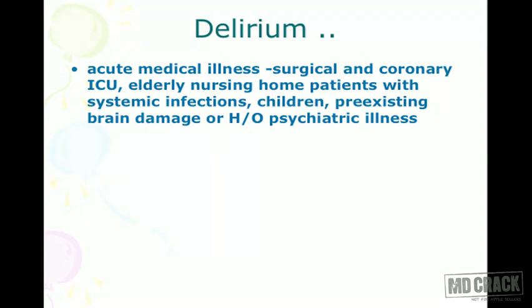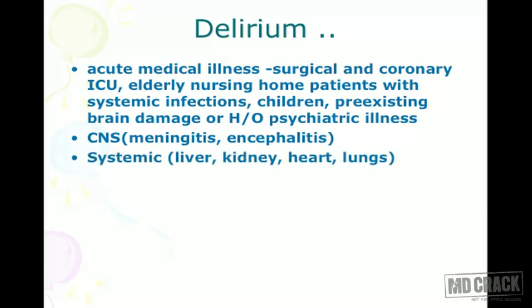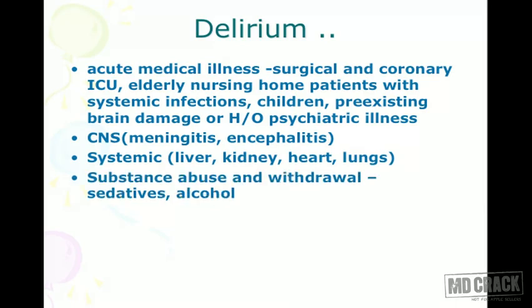In delirium, most probably an acute medical illness is the cause. Surgical and coronary intensive care unit patients, elderly nursing home patients with systemic infections, children, and those with pre-existing brain damage or a history of psychiatric illness may be found among these patients. Central nervous system diseases like meningitis and encephalitis and various systemic illnesses involving liver, kidney, heart and lungs may be responsible.